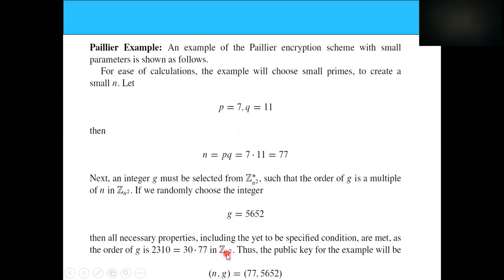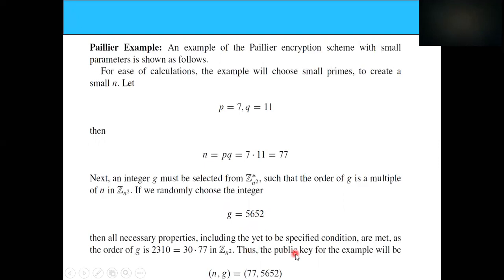You can take any g whose order is a multiple of this n. I mean to say you take any element from here whose order is a multiple of n; if you take the power g to the power 2310, which is a multiple of this, it will be the identity.